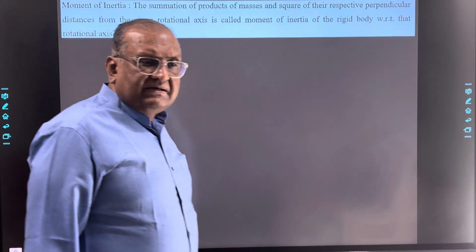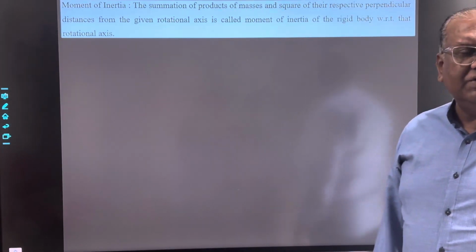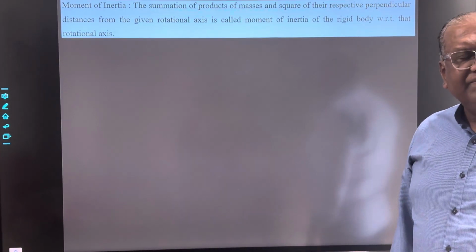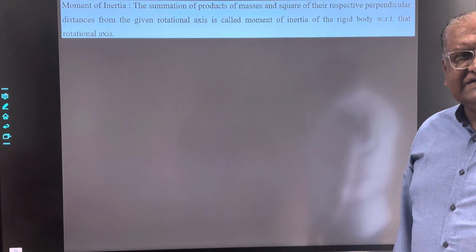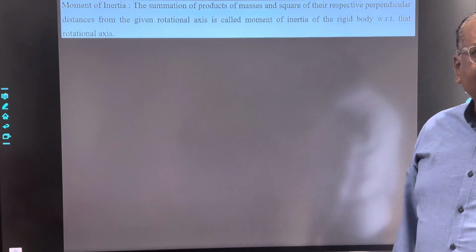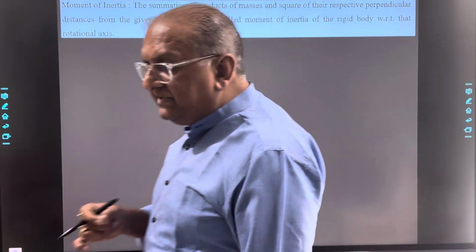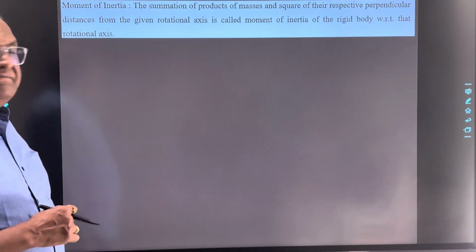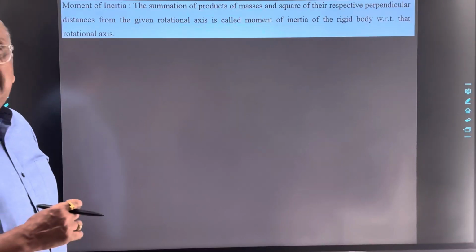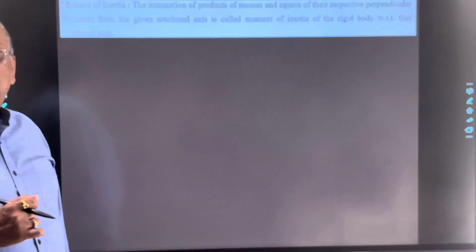Moment of inertia is the summation of the product of masses of the constituent particles of the body and their square of respective distances from the rotational axis, and it is called the moment of inertia of that body with respect to that rotational axis. Now here we write the kinetic energy equation k equal to half I omega square.